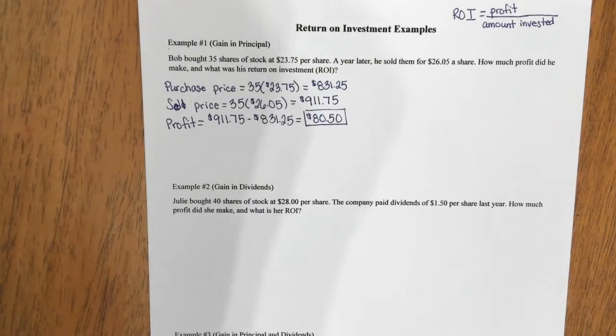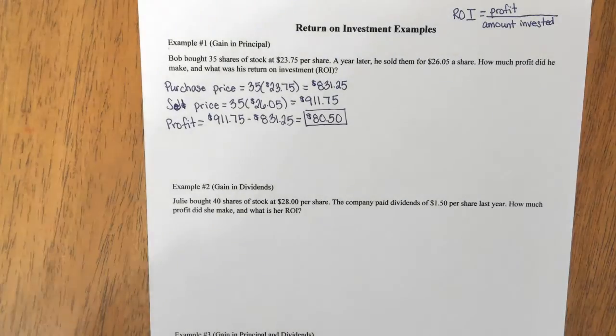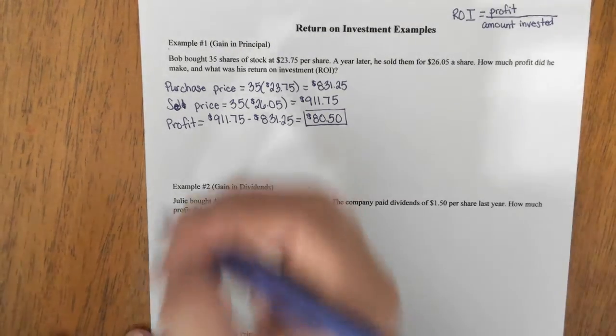So from here we calculate his return on investment. So this problem asks for two parts. How much profit did he make? We just got that. And then his return on investment.